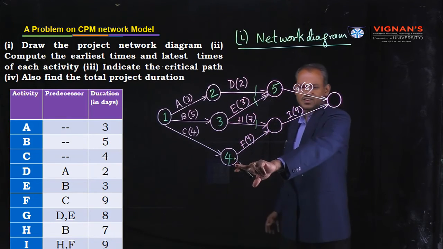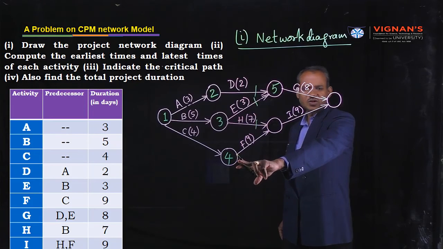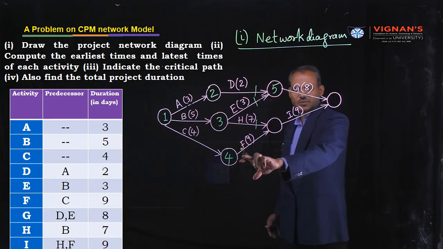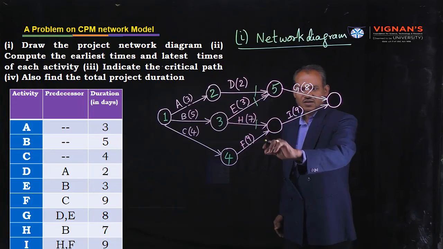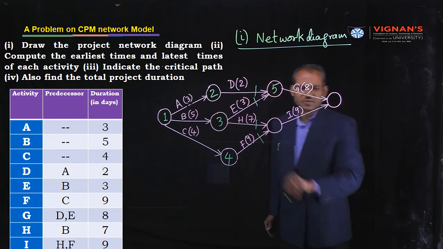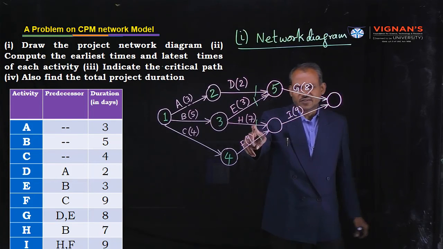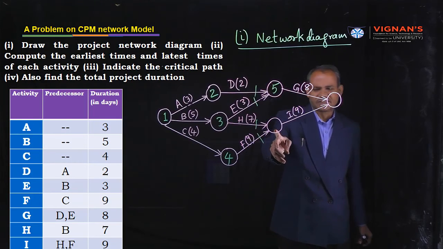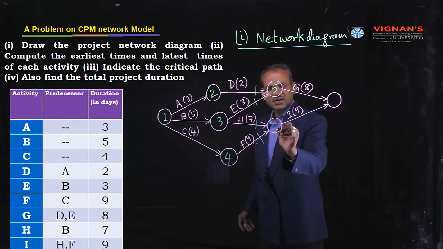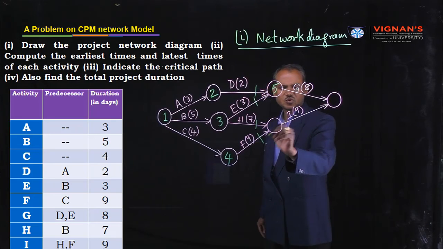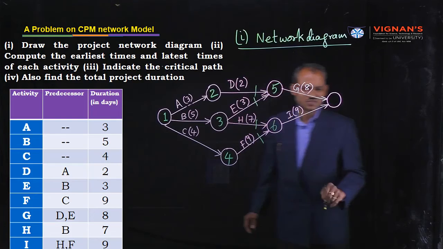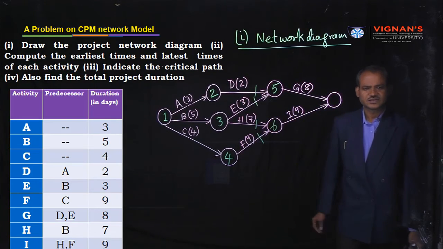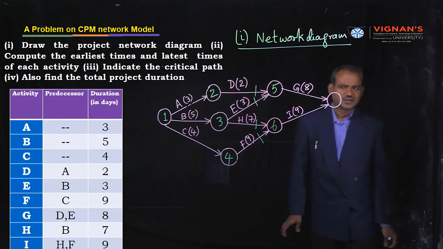Now you can consider node number 4. From node number 4, we have already removed this arrow. Now it will create a new initial event. Number this node as the next number: 5 is over, next 6.